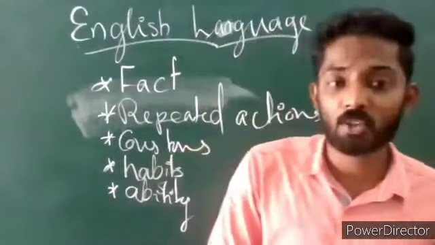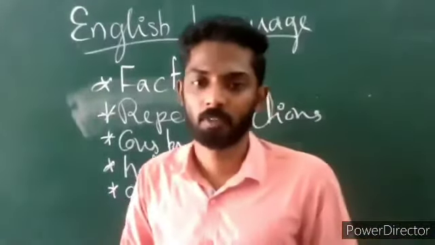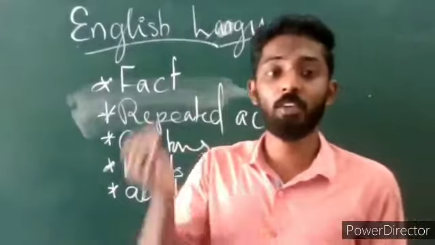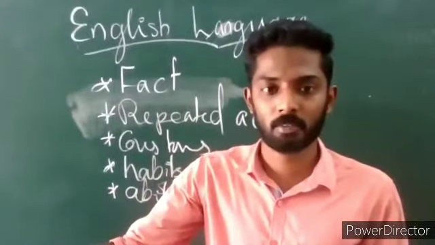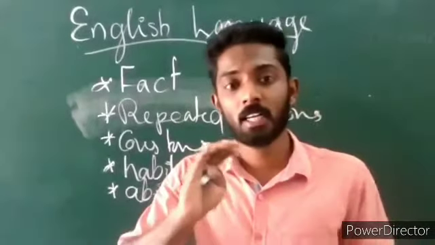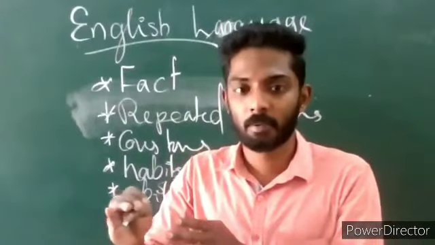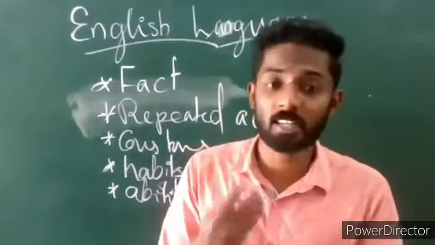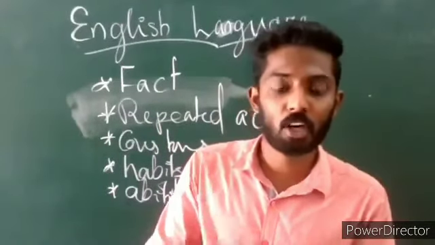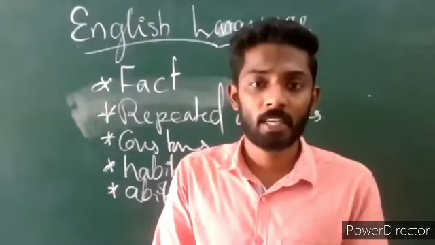And the last one is all about the future. So you might wonder, how can we use simple present tense in order to speak about a future action? There is a chance. You might have heard about conditional sentences. Have you heard about conditional sentences?